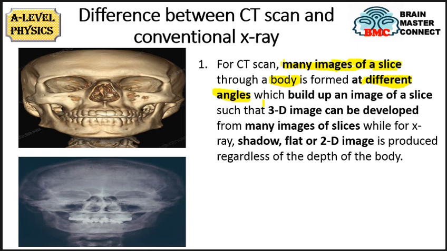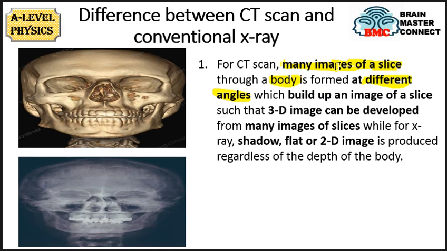Okay, so what the operator is just meant to do is to finish up the result that comes from this device. So many images of a section through a body are formed at different angles. So I can have an image of a particular area of the body a number of times just from one shot from a CT scan.